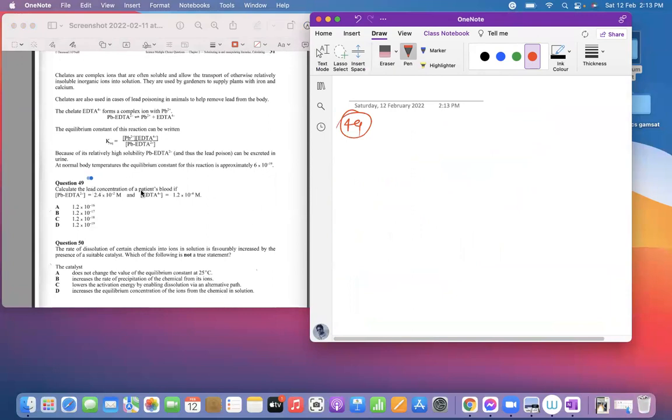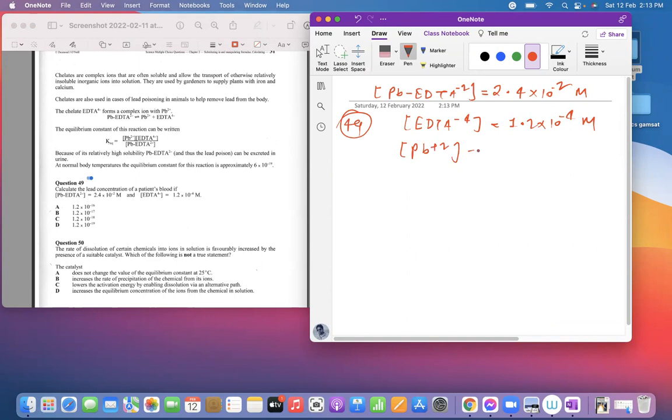Calculate the lead concentration of a patient's blood if the concentration of PbEDTA with 2- charge is 2.4 × 10^-2 molar. This is the concentration of PbEDTA, which is 2.4. And we have another concentration, EDTA 4- is equal to 1.2 × 10^-4 molar. It is asking about lead concentration, meaning the Pb2+ concentration. We have to find this concentration.